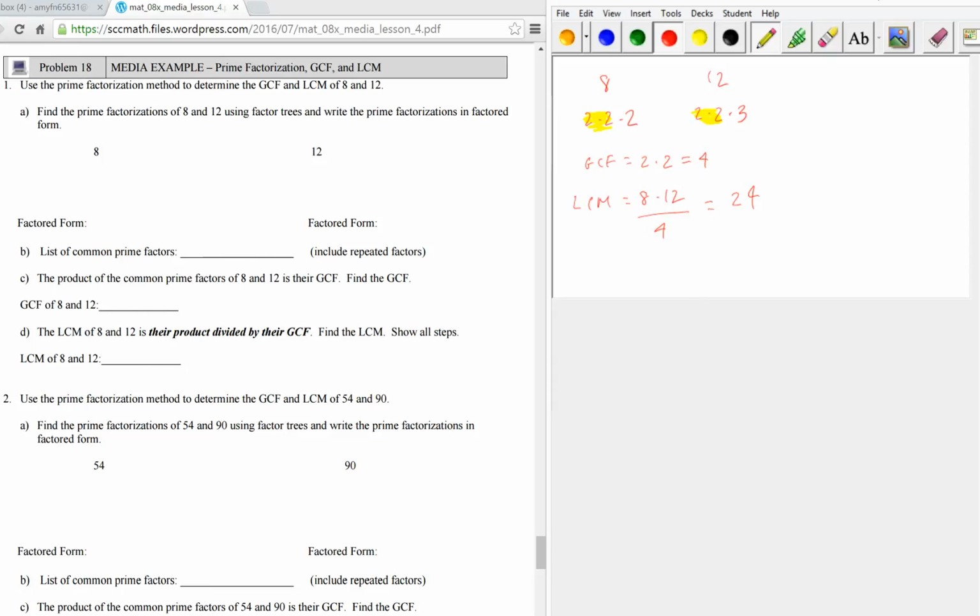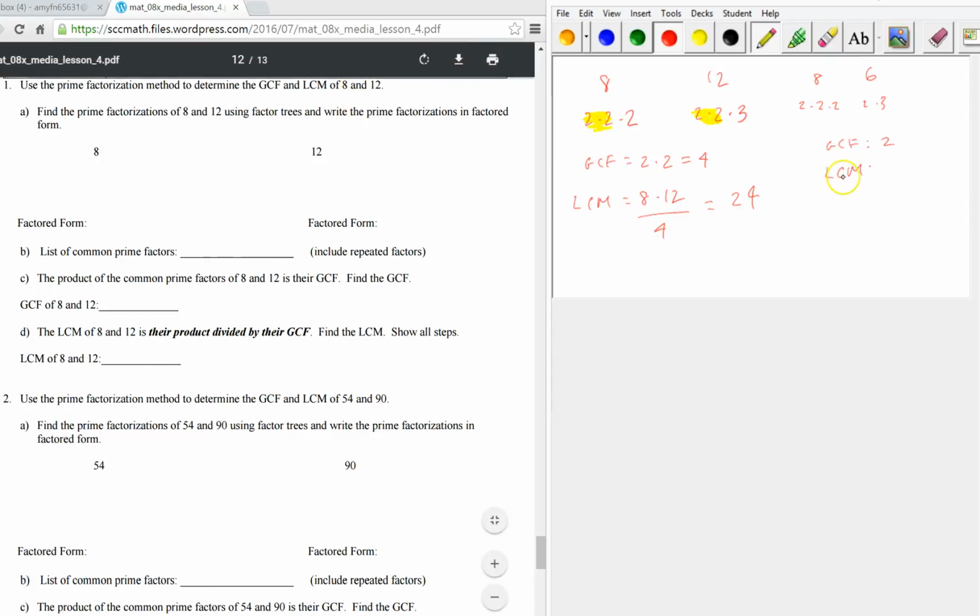A nice way to justify this to them better, or help them use patterns to see these connections, is to take a couple of examples. Maybe you can do 8 and 6 with small numbers, have them find the GCF using the other method like we did on the previous page.